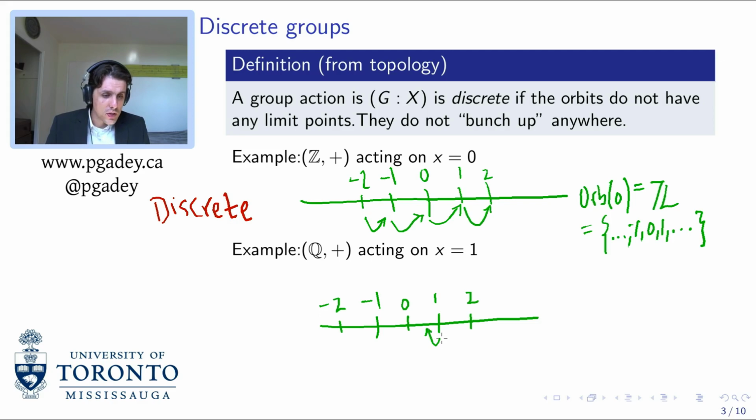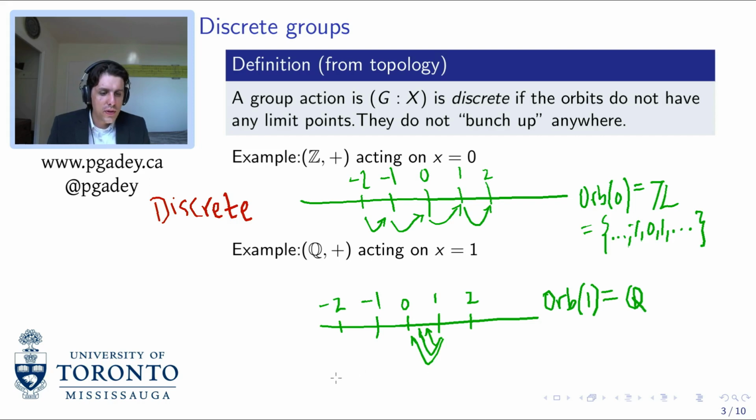So we could move it in principle to a half, to a third, to a quarter, right? So we can add rationals that get this closer and closer to 0. So the orbit of 1 is going to be all of the rational numbers.